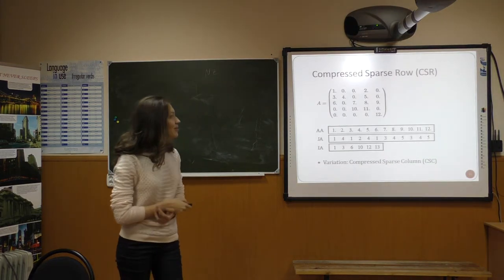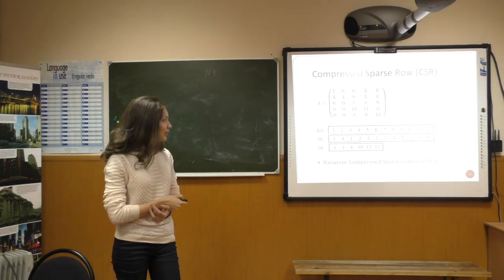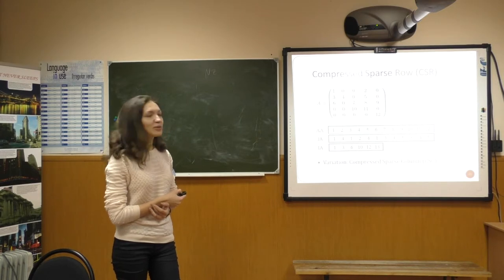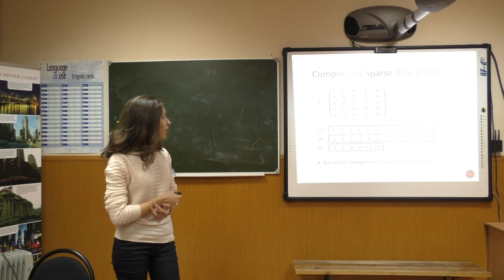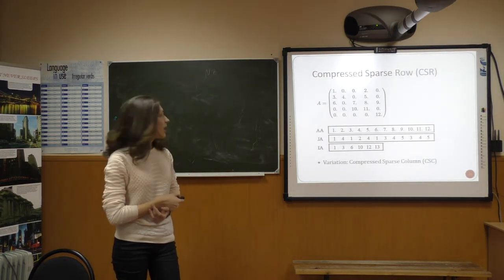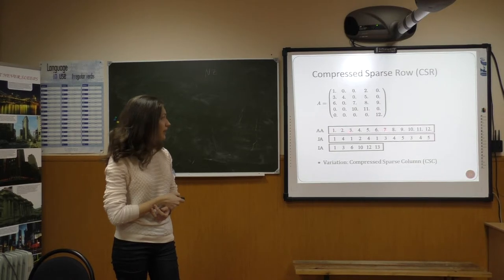compressed sparse row format, where you can see that we can really store less elements. In this compressed sparse row format, the idea is that we can store the elements of the matrix by rows. So here in AA array, we write these elements by rows.